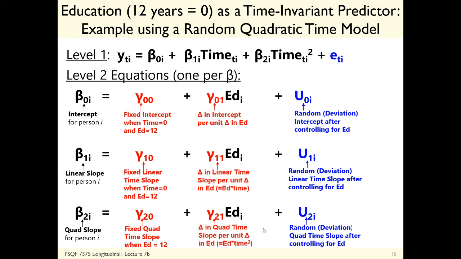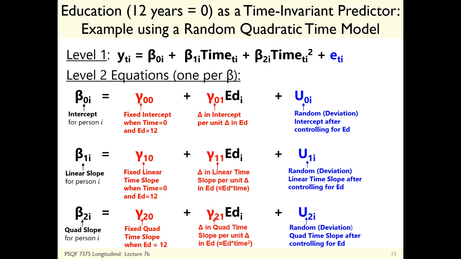In beta 2, they all start with 2. The second digit in the subscript then picks up how many predictors in you are in the level 2 model. So right here, this is gamma 01, because this is the first predictor of beta 0. Likewise, this is gamma 11, because this is the first predictor of beta 1. And gamma 21 is the first predictor of beta 2.